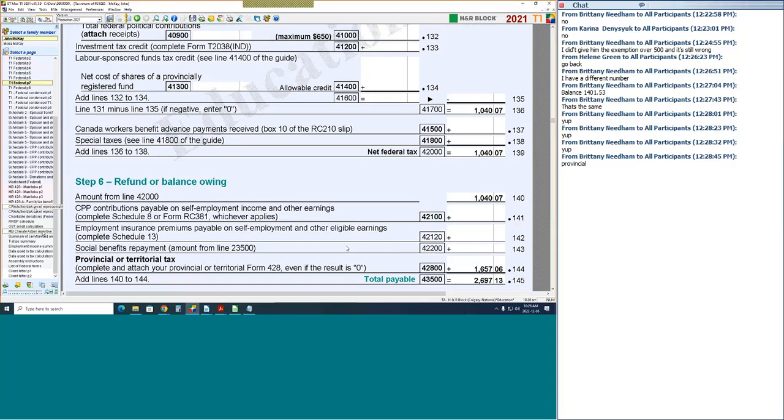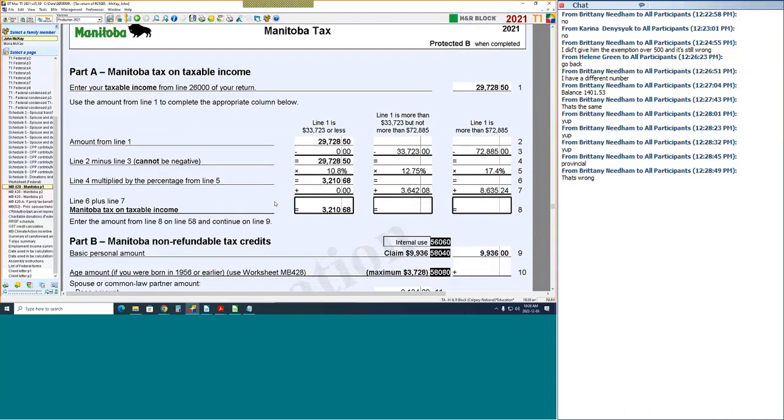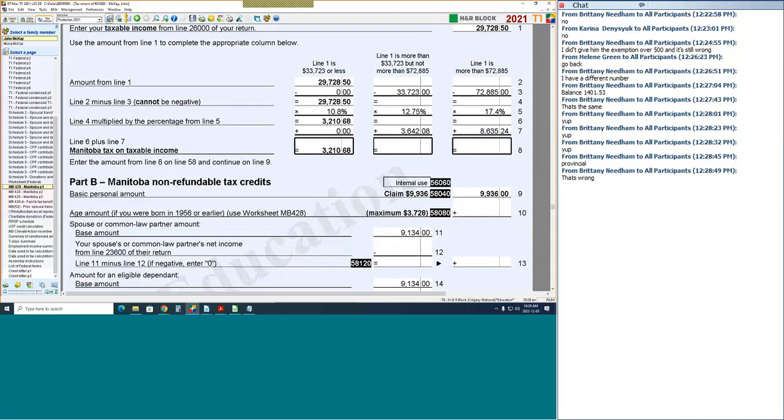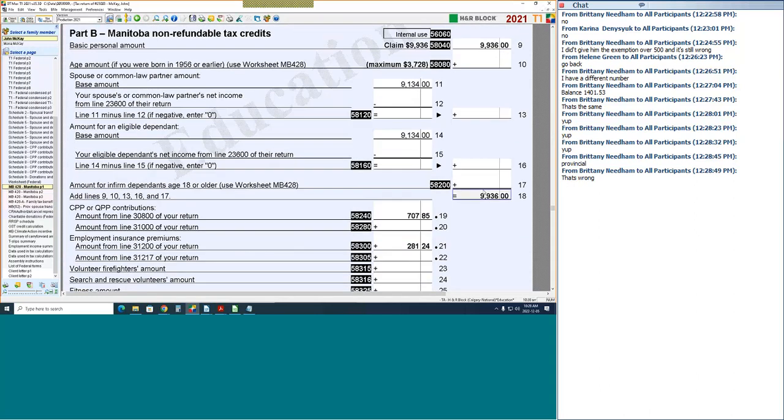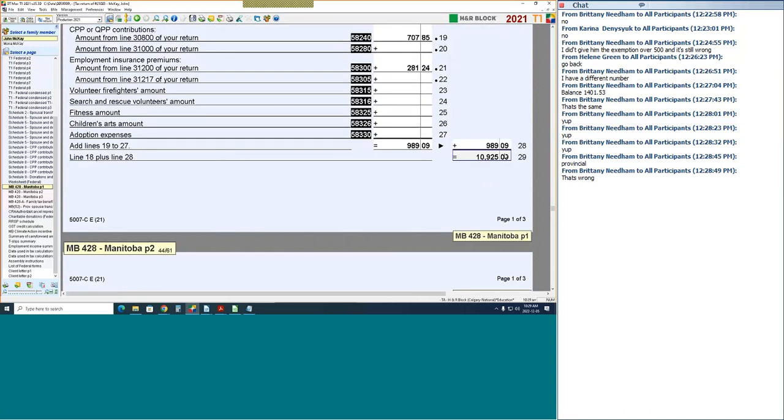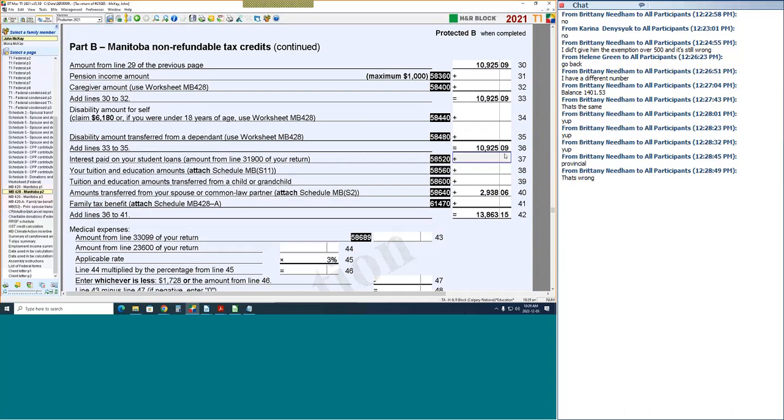So the provincial is different. We have to look at the provincial forms. All right, looking at the provincial forms, we should have personal claim. We should not have a spousal claim because her income was too high. And we should have an amount transferred from her spouse of 2,938.06.